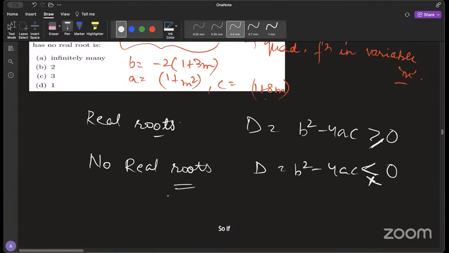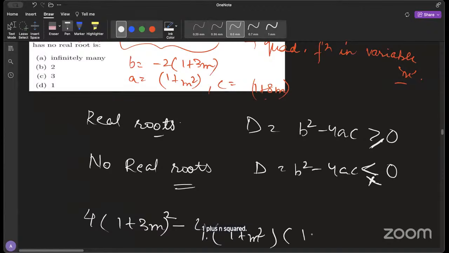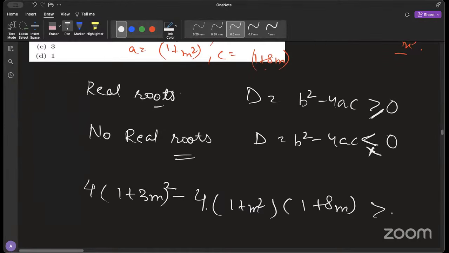So if we do b square minus 4ac, we'll have 4 times (1 plus 3m) squared minus 4 times (1 plus m square) times (1 plus 8m). And we want this thing to be strictly less than 0.